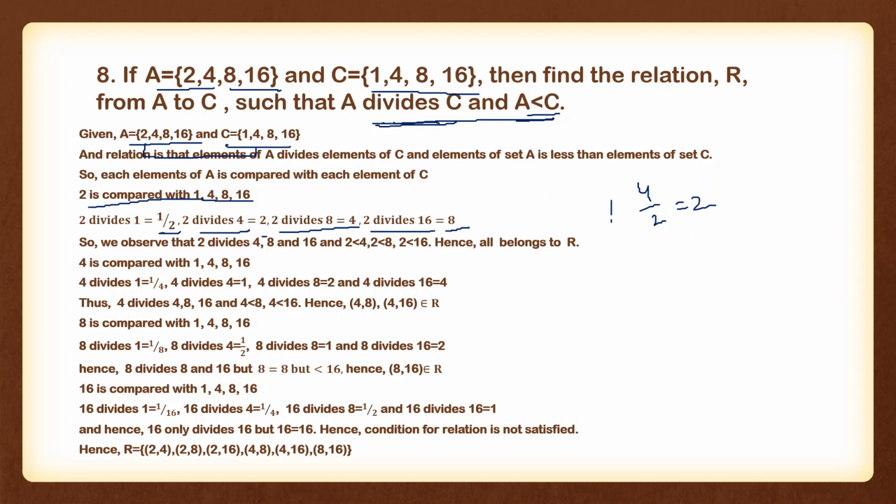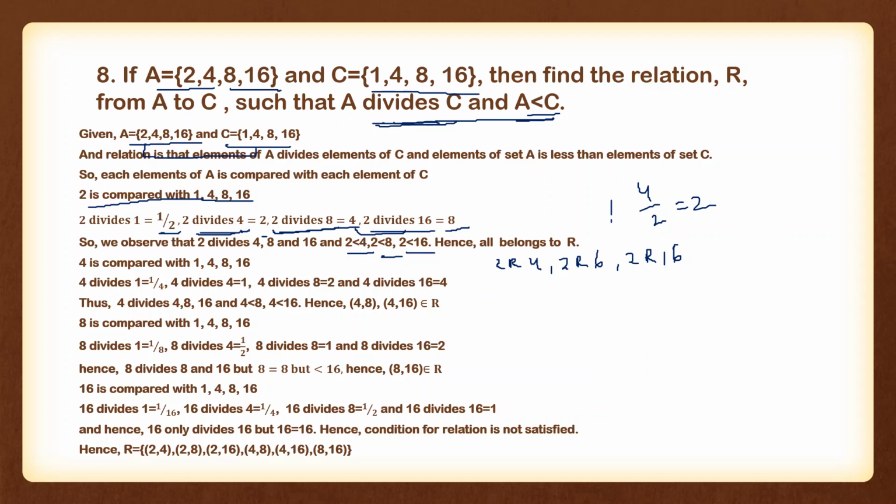So we have to check what is dividing. We have 2, 4 dividing, 2, 8 dividing, and 2, 16 dividing, and we have to check whether they are less or not. 2 is less than 4, 2 is less than 8, 2 is less than 16. So these three belong to R. That means 2 R 4, 2 R 8, 2 R 16.